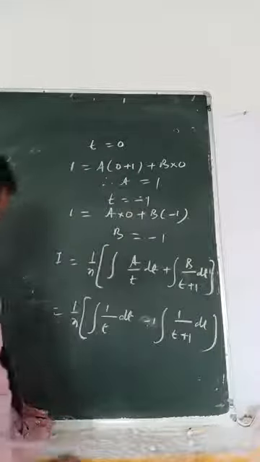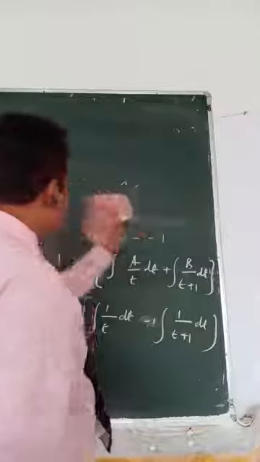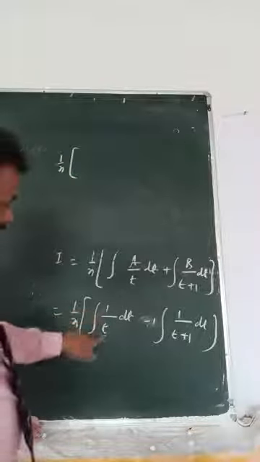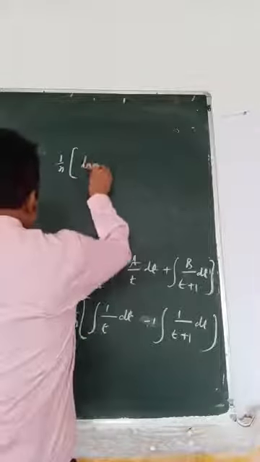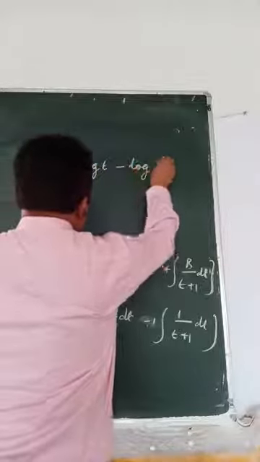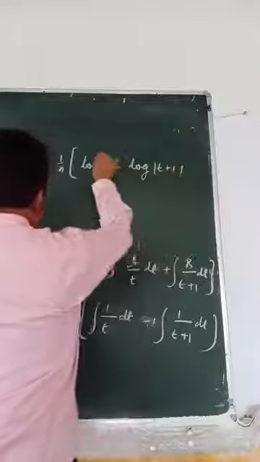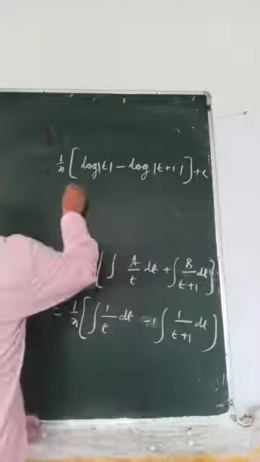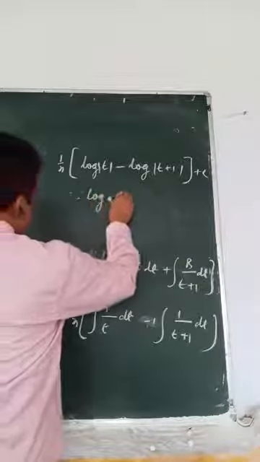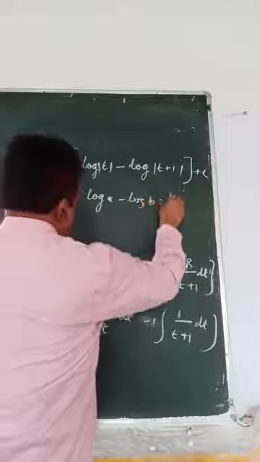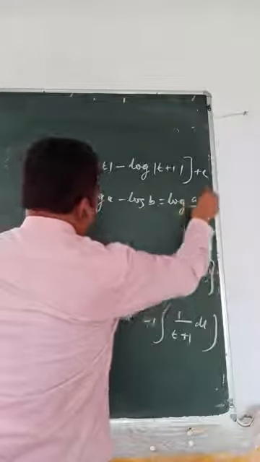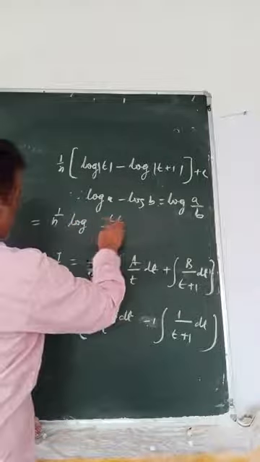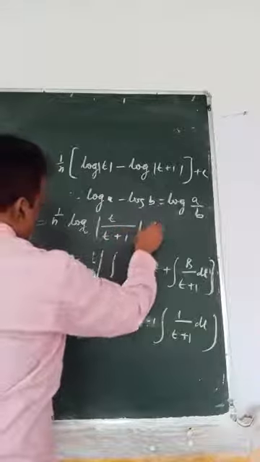So 1 by n will remain outside. This is log t minus log t plus 1 plus c. Log a minus log b is log a by b. So 1 by n log t by t plus 1 plus c.